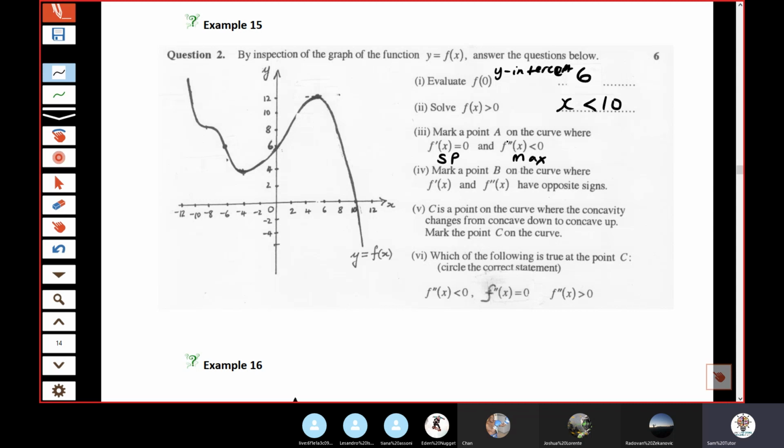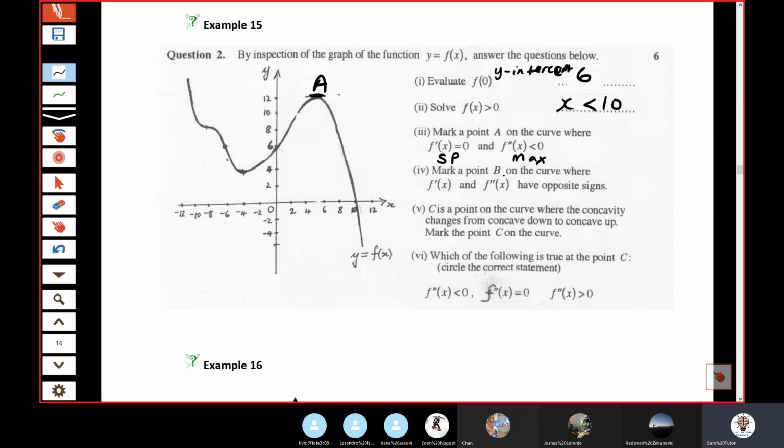So, pretty much mark A where there is a maximum, which is where? Yep, A at 6 or at 4.5 or 5, whatever. Looks weird when you're reading them like that, but it's actually easy. Just write down what you know. Write down SP. Write down max.